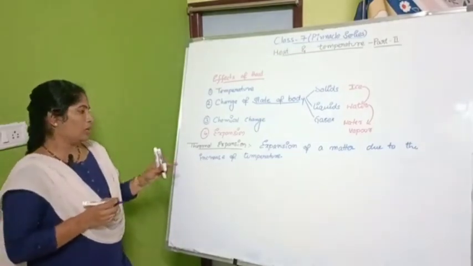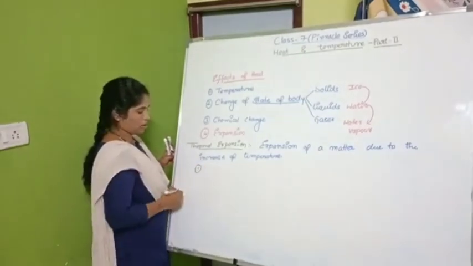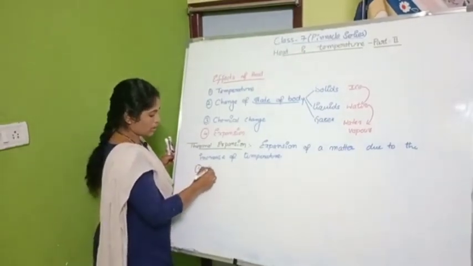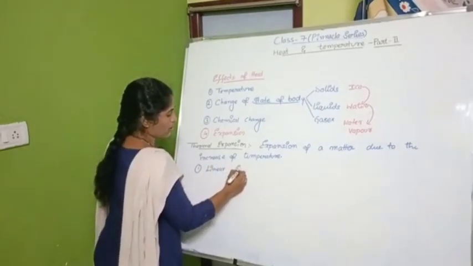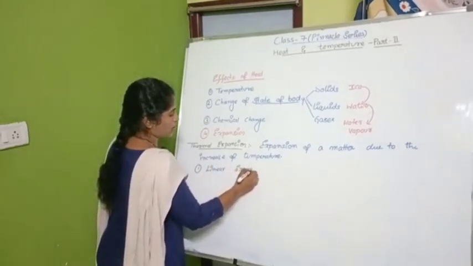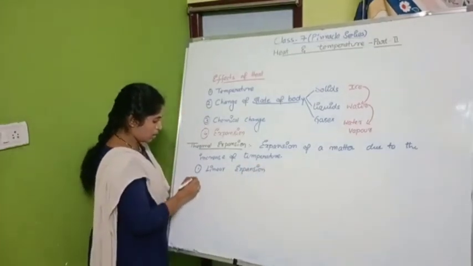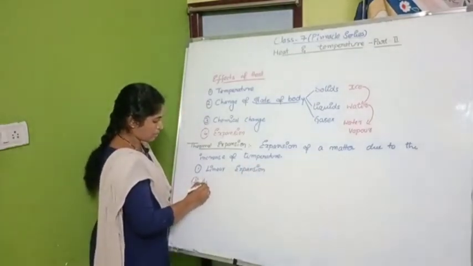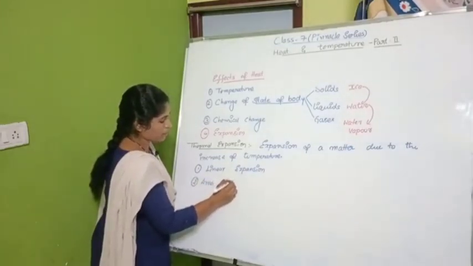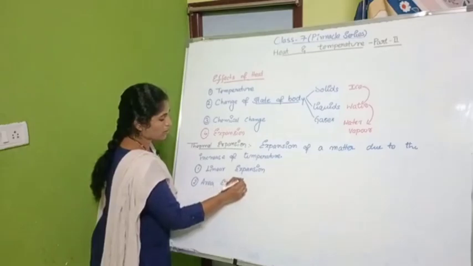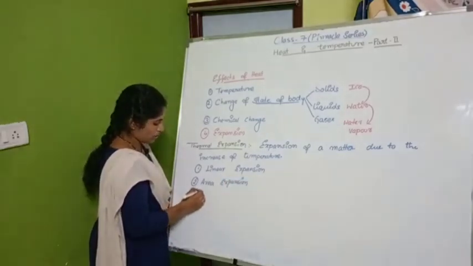So we have three types of thermal expansions: linear expansion, area expansion, volume expansion.